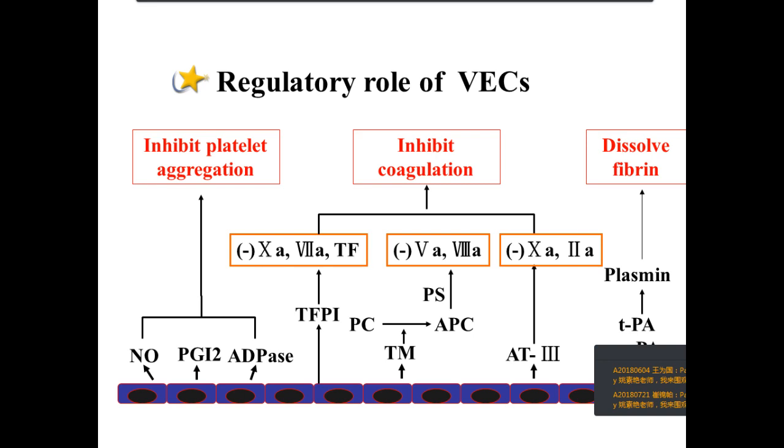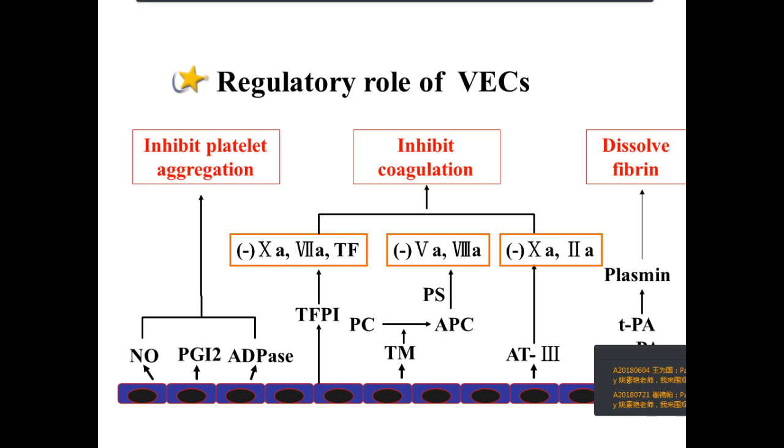The pathogenesis: first, damaged VEC release less NO, PGI2, and ADP, leading to vasoconstriction and platelet aggregation, so coagulation function increases.